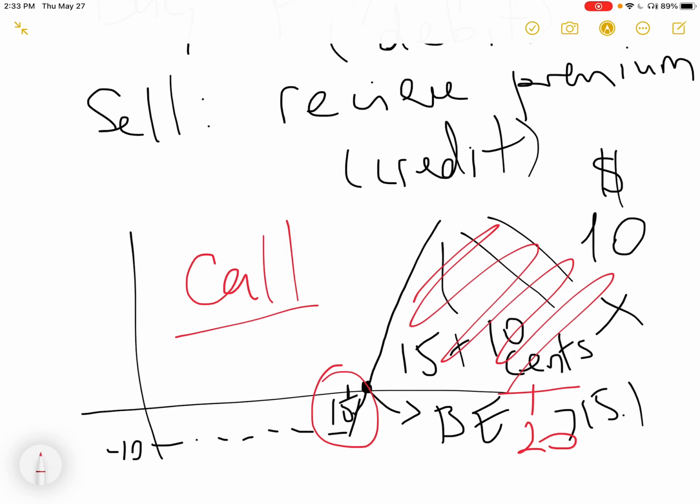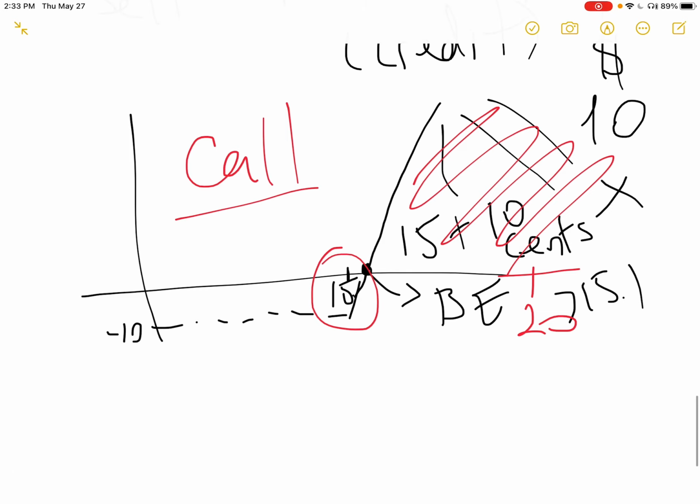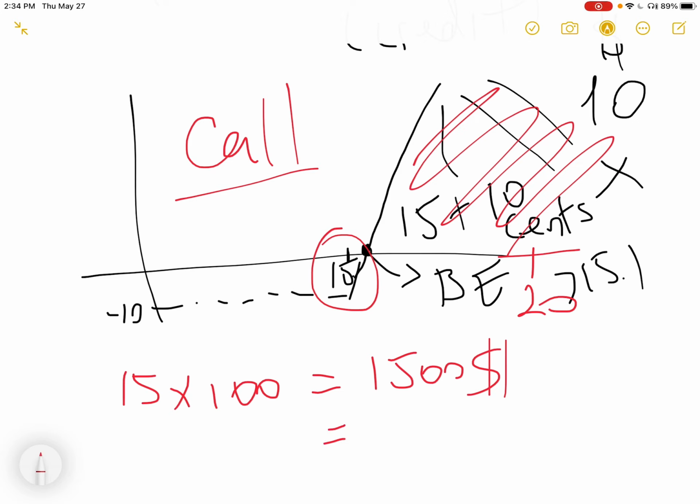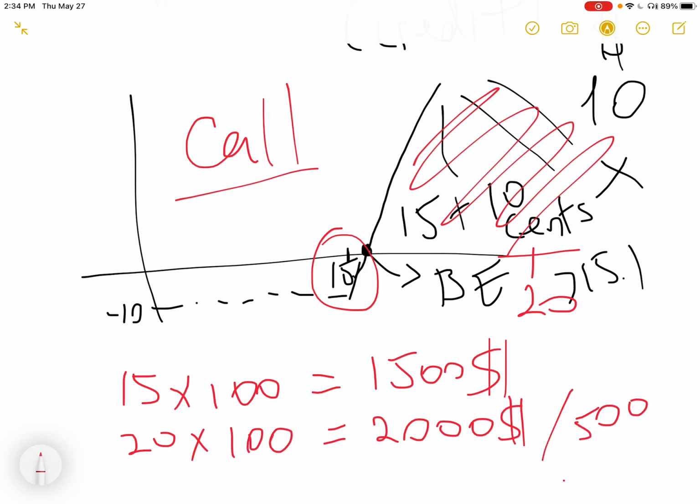So $15 multiplied by 100 shares in the contract is $1,500. Right now the stock market is at 20, so you can go back to the market and sell it at $20 multiplied by 100, which is $2,000. Then you get a profit of $500 minus the $10 premium, 490 bucks.